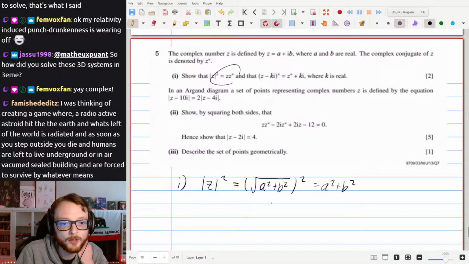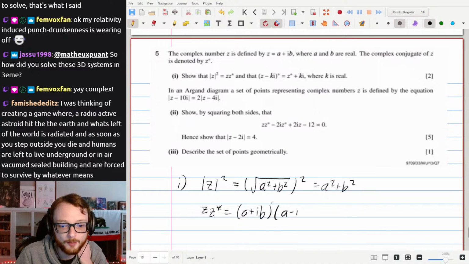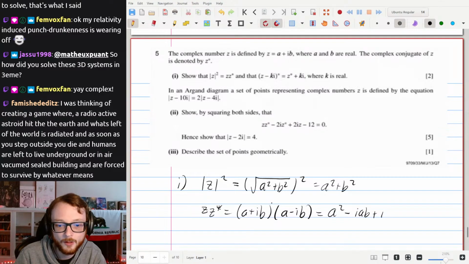Now let's start from the other end of the equation, z times z conjugate, and see what pops out. We're going to hope for this. So z is a plus ib, z conjugate is a minus ib. So let's multiply this out. We get a squared minus iab plus iab minus i squared b squared.